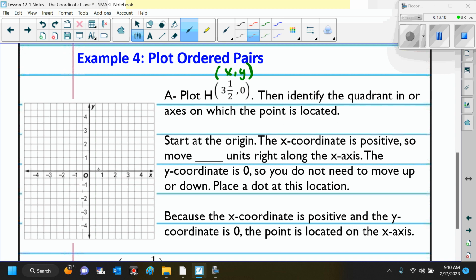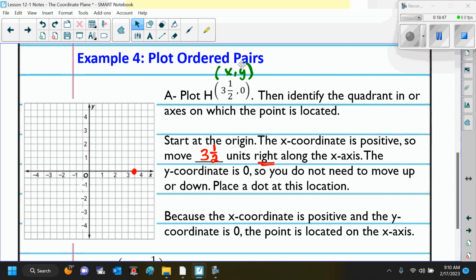So, once again, we're going to start at the origin. Now, since the x-coordinate is positive, that means we're going to move to the right, okay? We're going to move to the right. And how many times? We're going to move 3.5 units, okay? So, from the origin, we're going to go 1, 2, 3, and 1/2, okay?